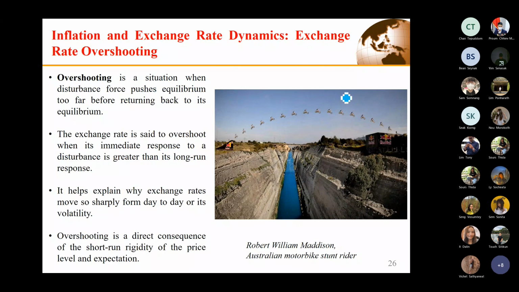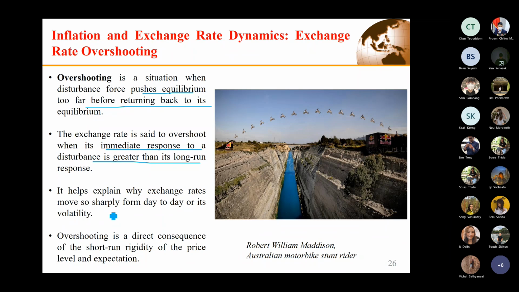That's why the exchange rate is so volatile. Overshooting is a situation in which the disturbance forces push equilibrium too far before returning to its equilibrium. The exchange rate is said to overshoot when its immediate response to a disturbance is greater than its long run response. It helps explain why the exchange rate is so volatile.